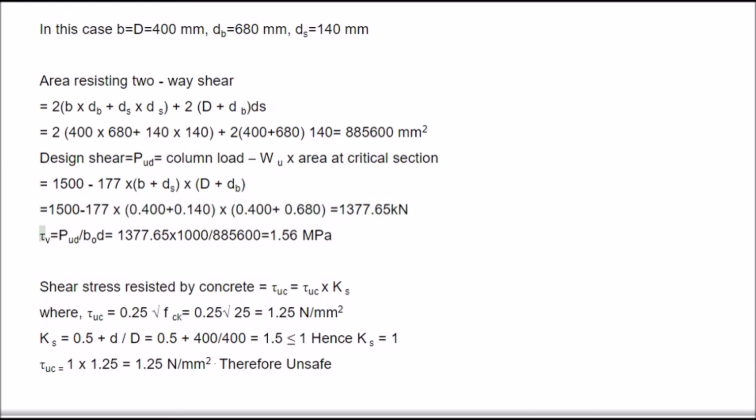Nominal shear stress tau v equals Vud/bod equals 1377.65 x 1000/885600 equals 1.56 MPa.